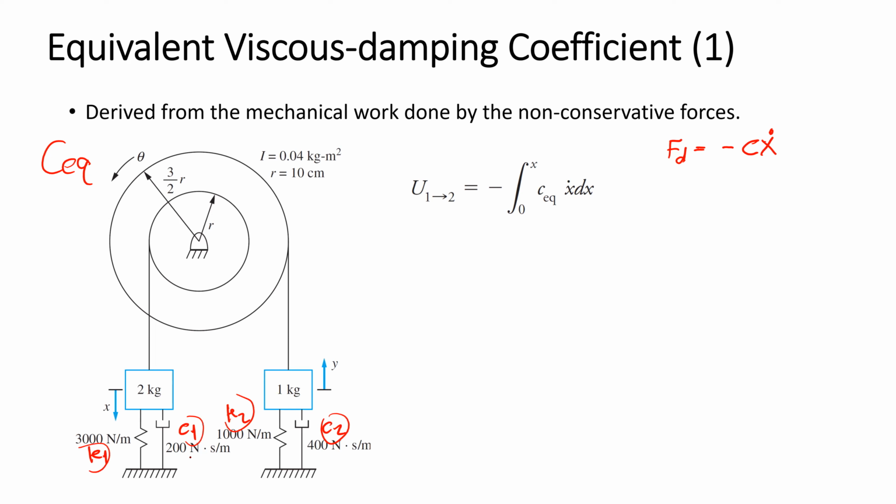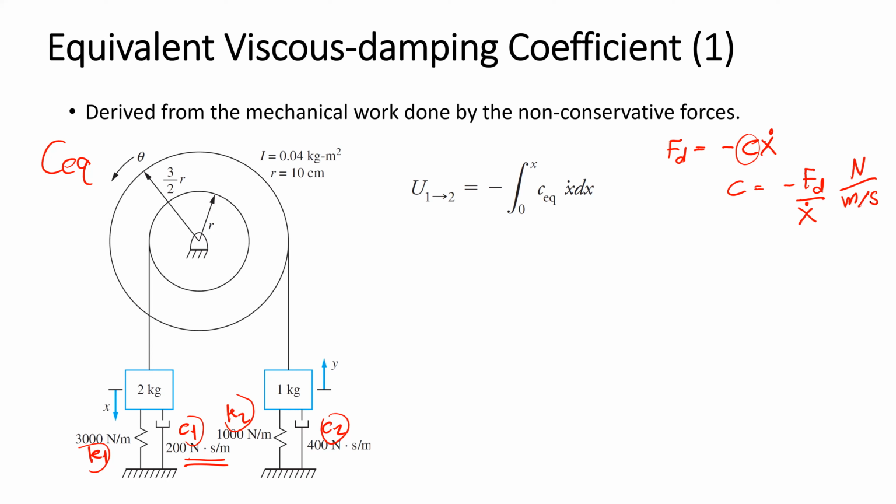You should be careful about the unit of C. The unit should be force divided by velocity. The force has the unit of Newton, and velocity has the unit meter per second.